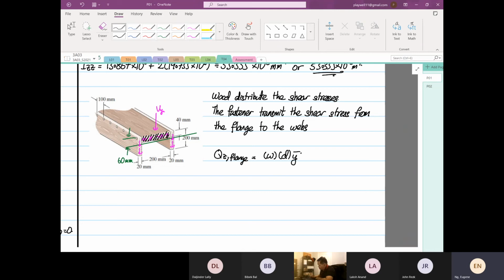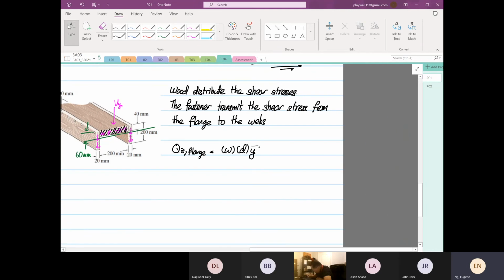So from here, we know that the width is 200. The depth is 40. The y bar with the centroid is 60 minus 40 divided by 2. So it's equal to 60 minus 20 times 40 times 200.